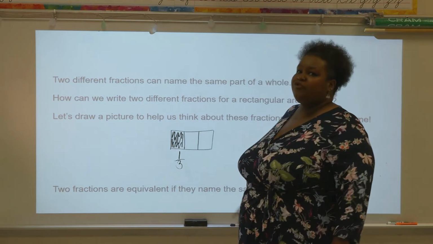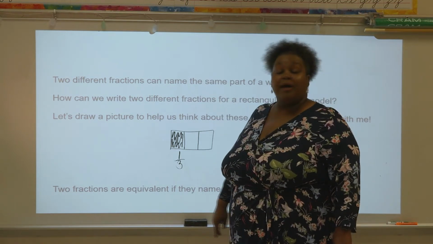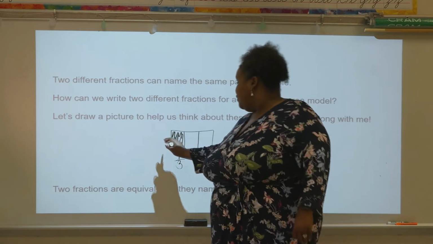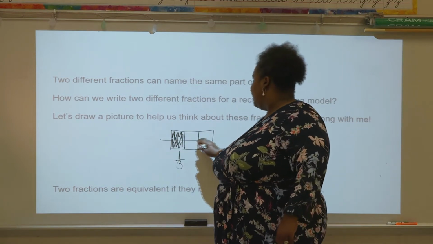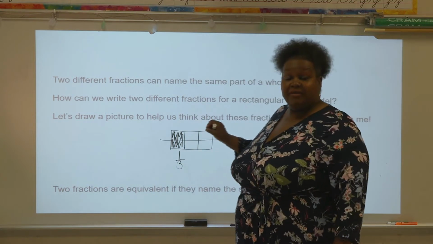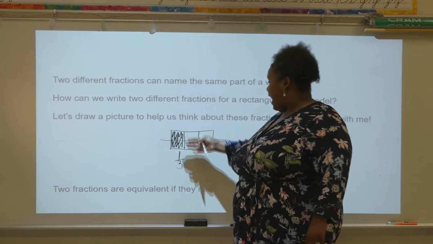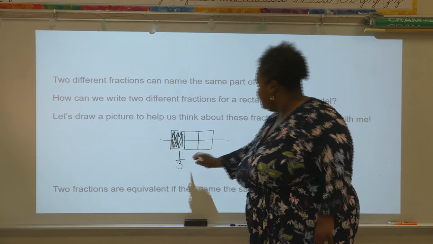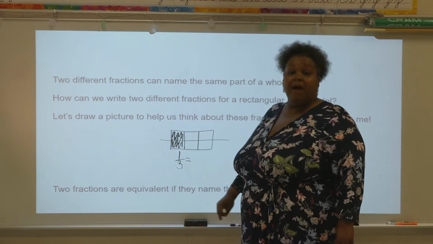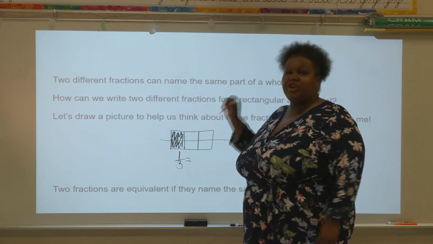Now, what if I draw one horizontal line like I did just a couple minutes ago? I'm going to draw my one horizontal line. It's still the same amount. I still have my same area model. I just sliced it or cut it.